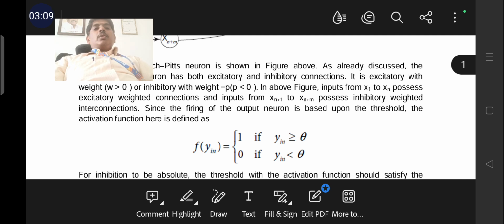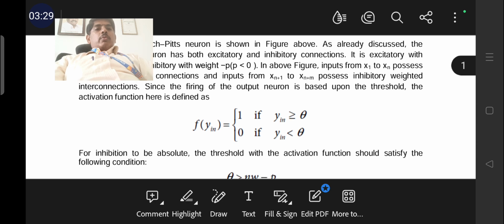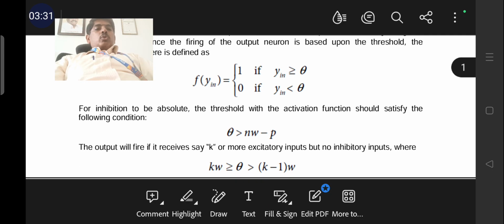Similarly, the function of y in is equal to 0, and 0 means the output neuron does not fire, if y in is less than theta. Theta is nothing but the threshold value, which we are going to fix. So this is the formula that we use in the McCulloch-Pitts neuron model.